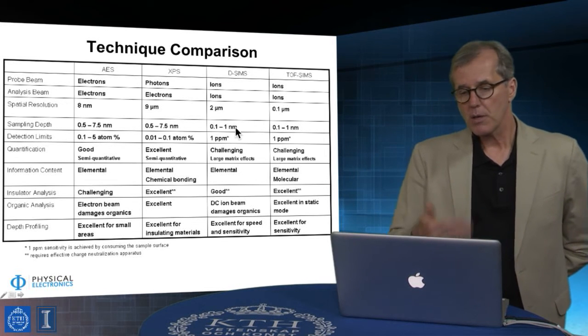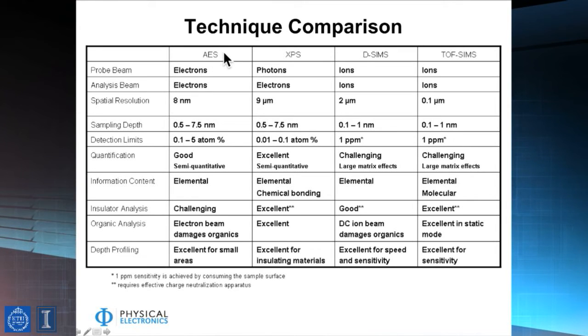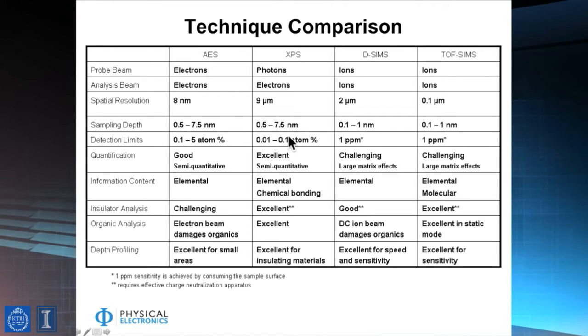Okay, so let's look at some rough comparisons. We know Auger spectroscopy uses electrons in, electrons out, spatial resolution, nanometer scale, and very good analytical sensitivity, really good to the order of about 1 atomic percent. XPS, similar in terms of atomic sensitivities.